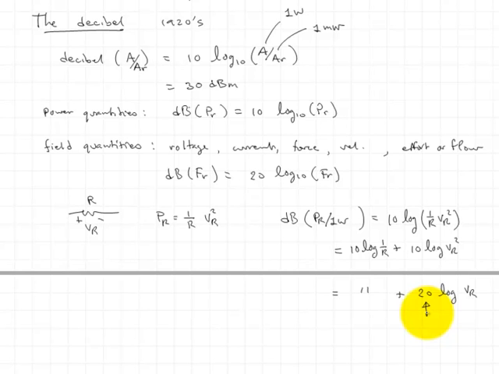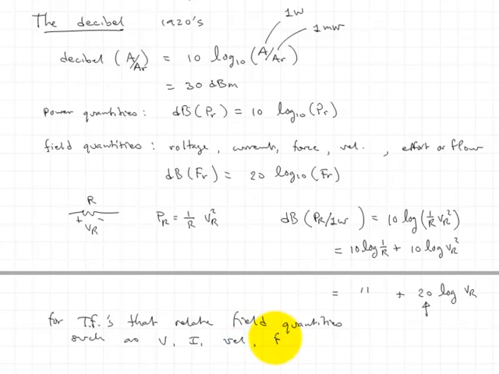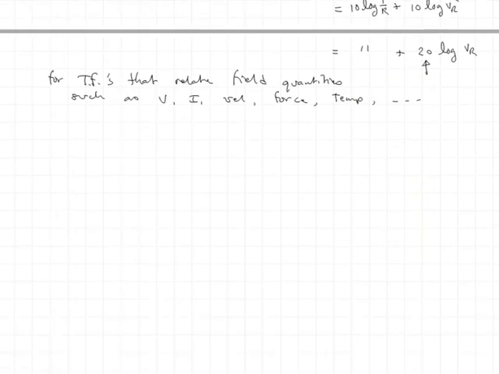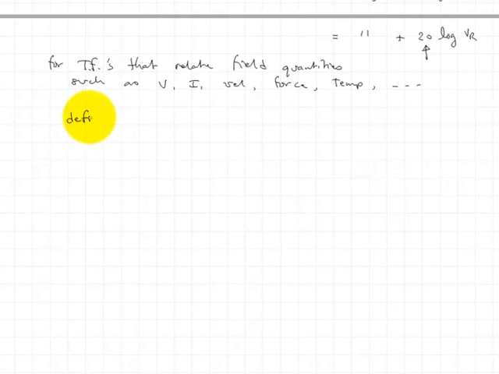Therefore, for transfer functions that relate field quantities such as voltage, current, velocity, force, temperature, pressure, etc., we will define dB of the magnitude of our transfer function as 20 times log base 10 of that transfer function.